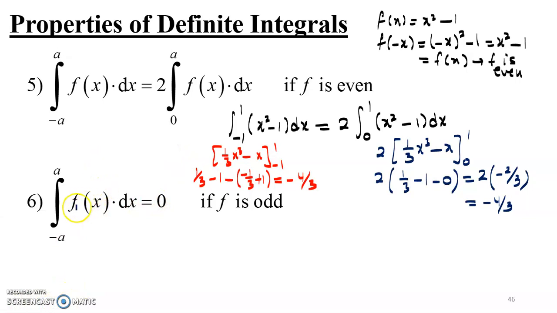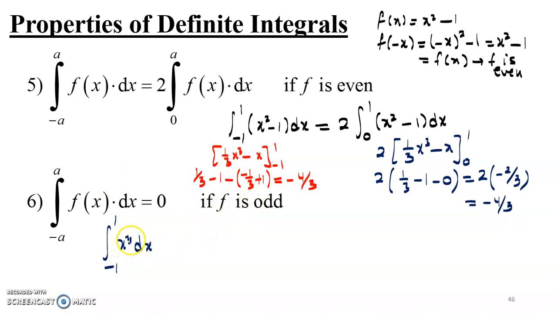Now, similarly, if f is odd, consider the integral of, for example, x cubed dx between negative 1 and 1. I'm going to show you that this definite integral is in fact equal to 0 because of the symmetry with respect to the origin of an odd function.